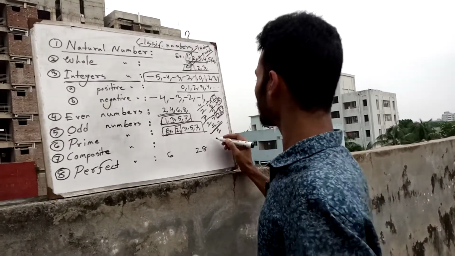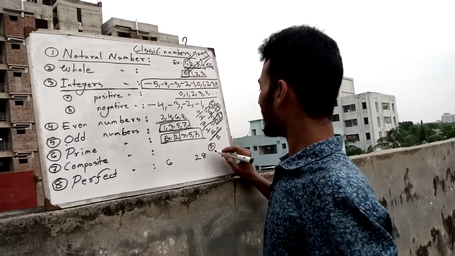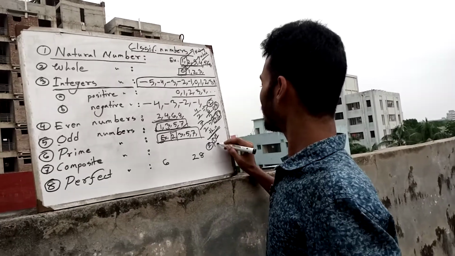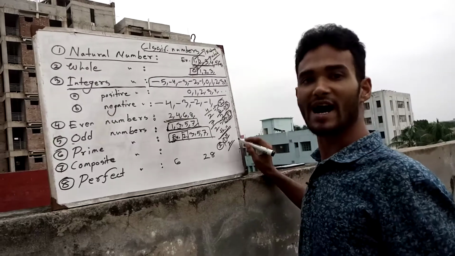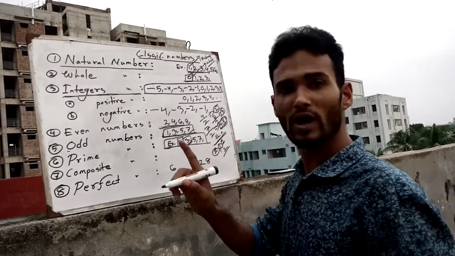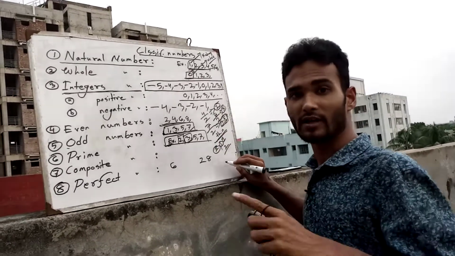Then go for 2. 2 has 2 factors, 2 and 1. We cannot divide 3 by any other number rather than 1 and 3, to get a flat, non-fractional result.